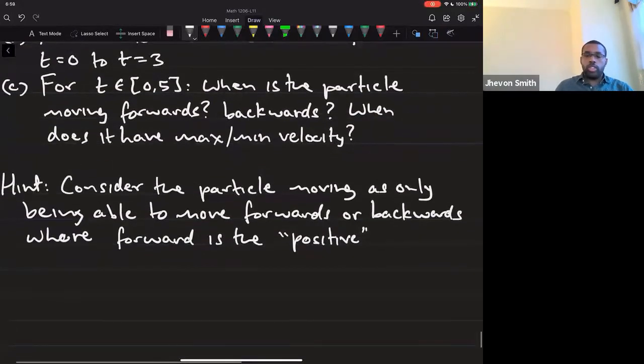That means we're measuring positive distance.